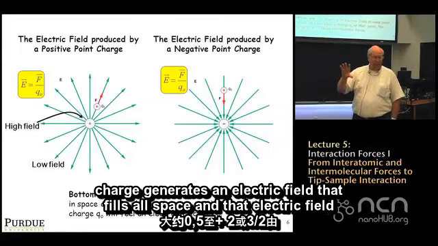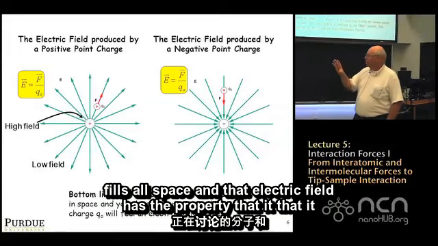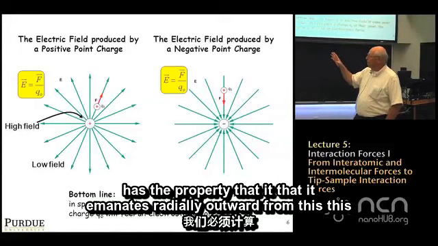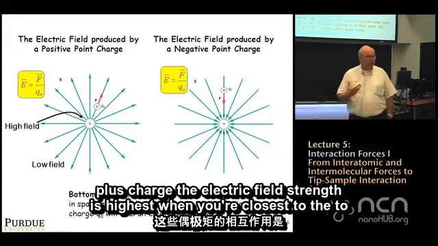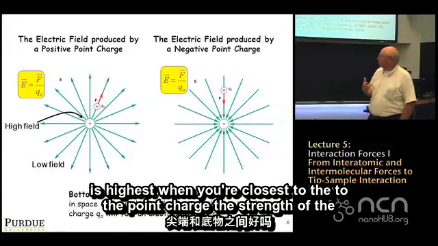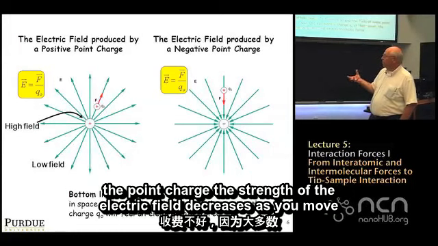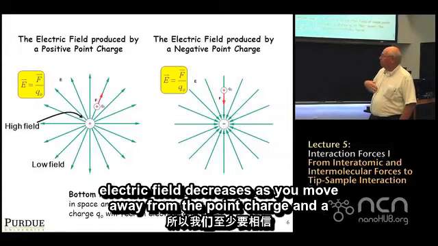That electric field emanates radially outward from the plus charge. The electric field strength is highest closest to the point charge and decreases as you move away from it.